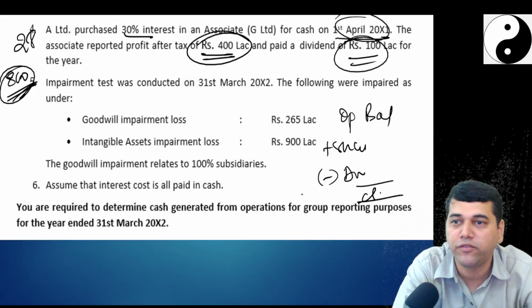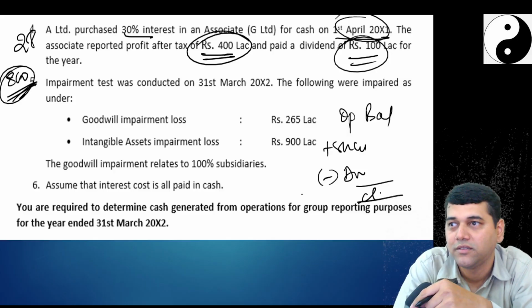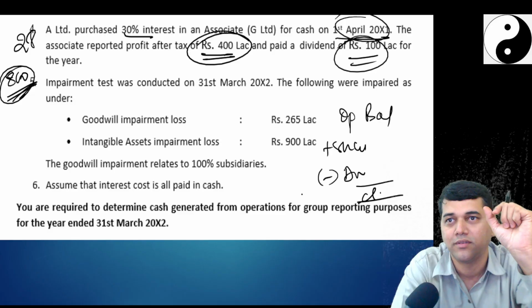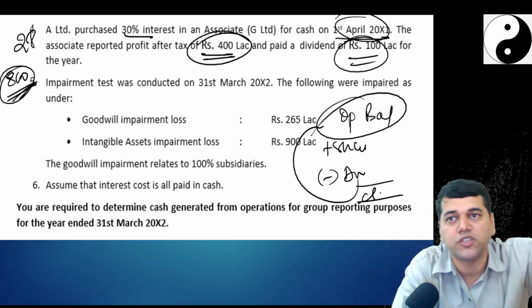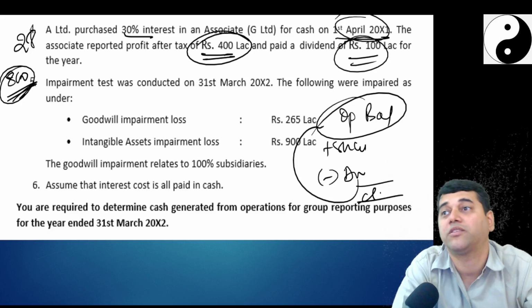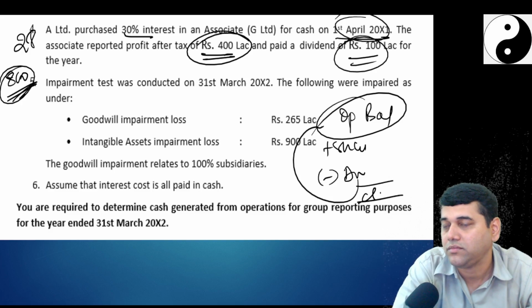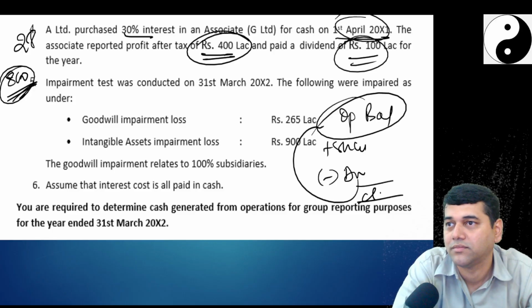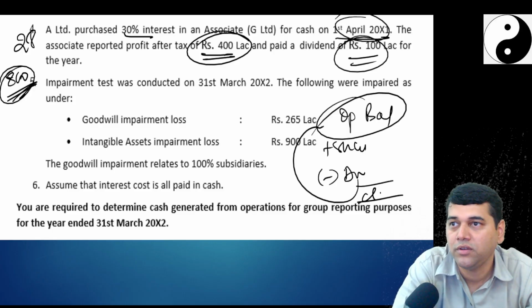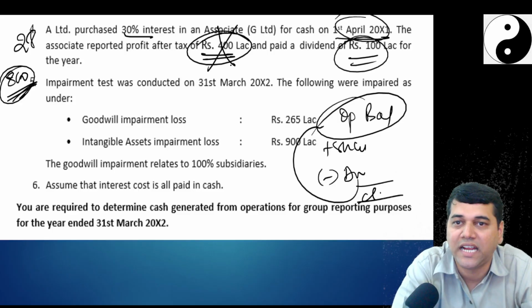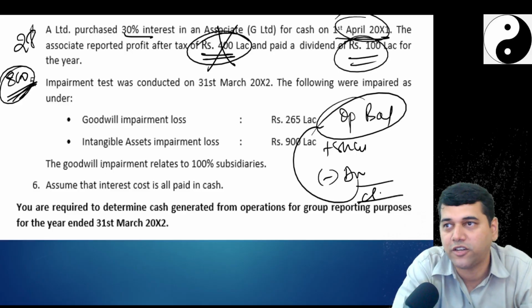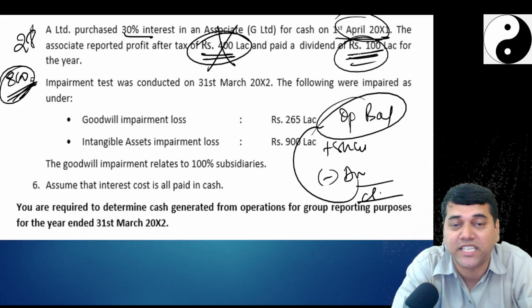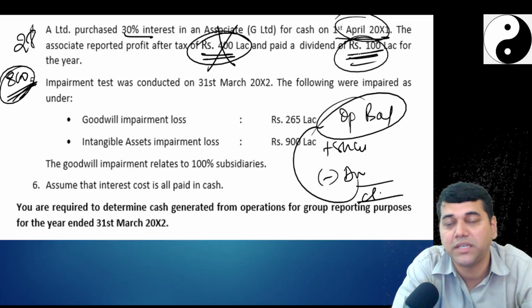Did you invest 800? No, you invested some X amount. So, you have to do one reverse working and get that amount of investment you made on day one, because that is your cash outflow. Followed? And your share of profit credited to the P&L account is not a cash item, but the dividend is a cash item, and it is an investment activity.